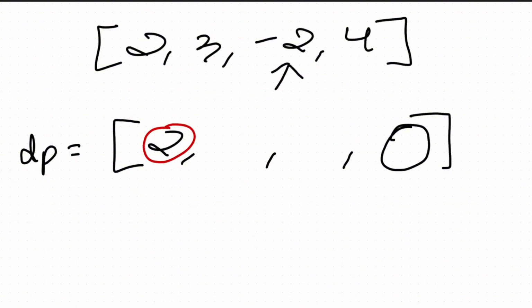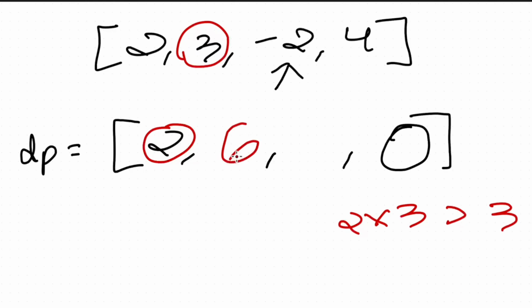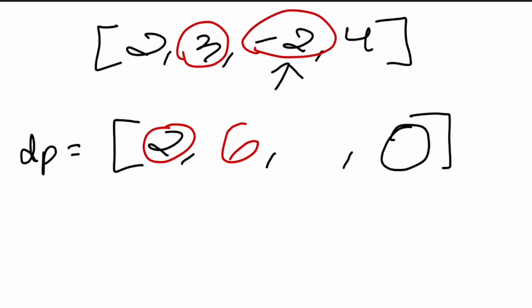We're comparing the index before the index we're on, so i minus 1 in dp, and i in our array. So it'd be 2 times 3. Is that greater than or less than 3? It's greater, so this gets updated to 6. It's all good now, but when we move on to the next one, now we're looking at -2.